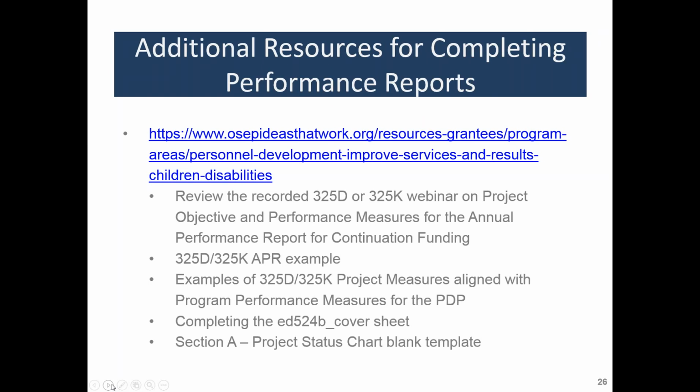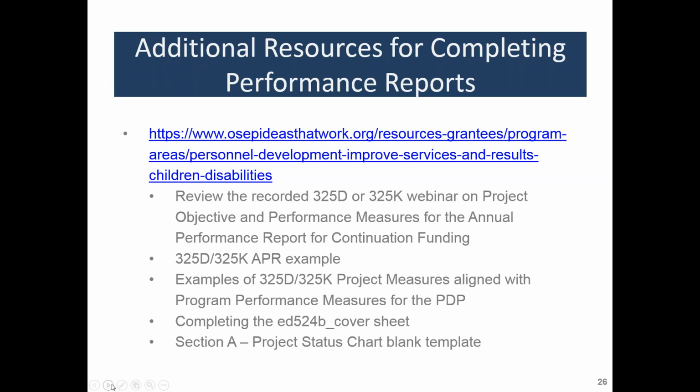Further information on APRs is available on the OSEP Ideals That Work website. This is a reminder, if you have not already viewed it, that there is a recorded webinar on project objective and performance measures for the annual performance report for continuation funding.